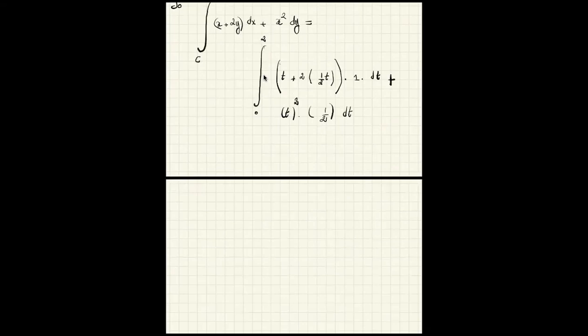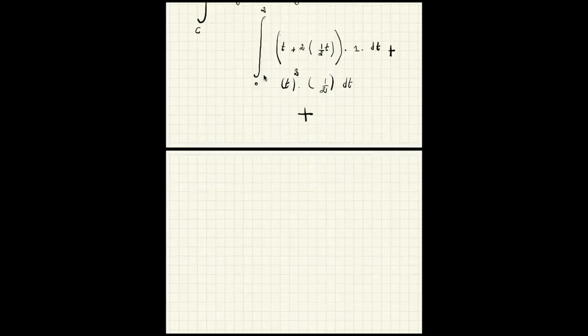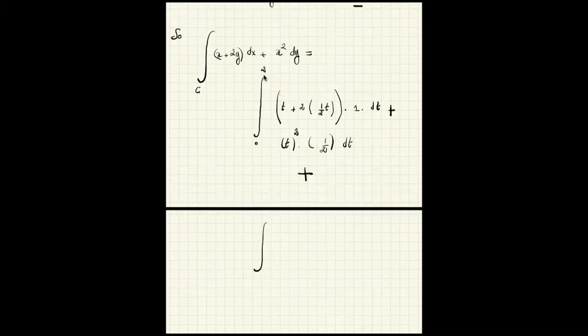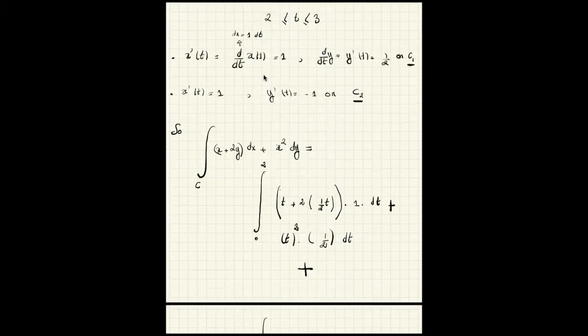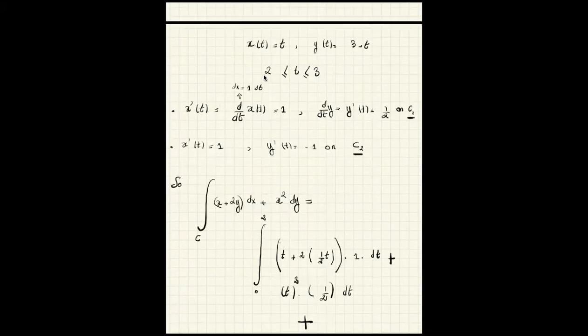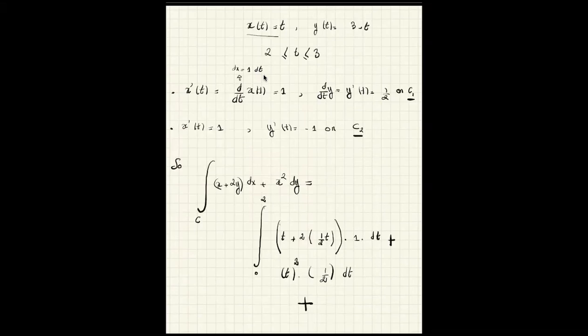But we're not over, because this is only for the first half of the curve, plus the second half of the curve, which is C2, and we do the exact same thing. What is C2? It's parameterized by x equal to t plus 2, y equal to 3 minus t.